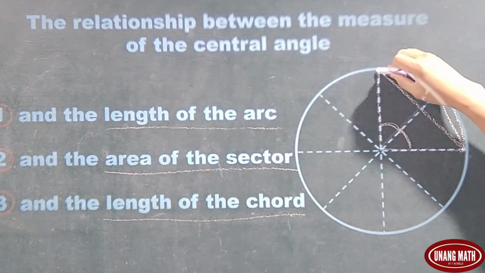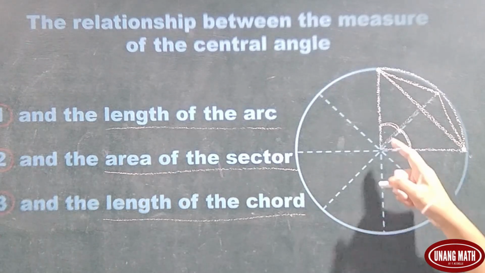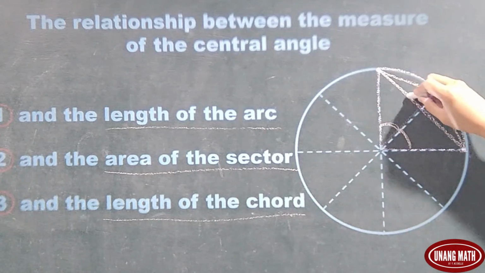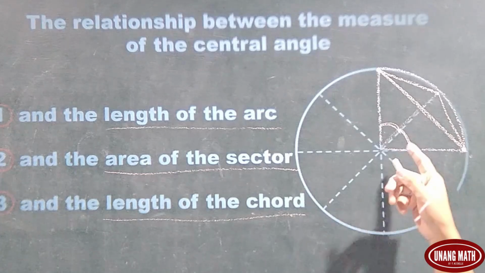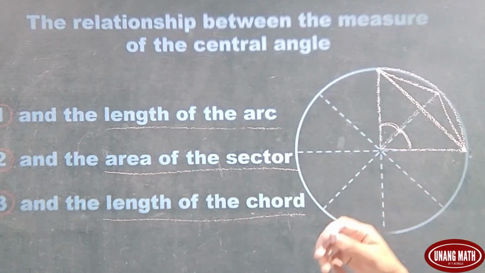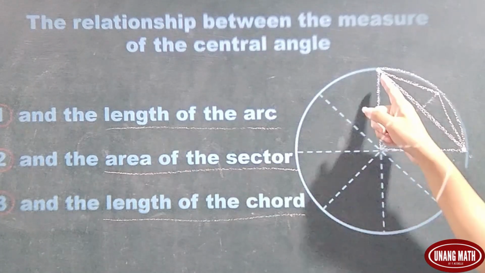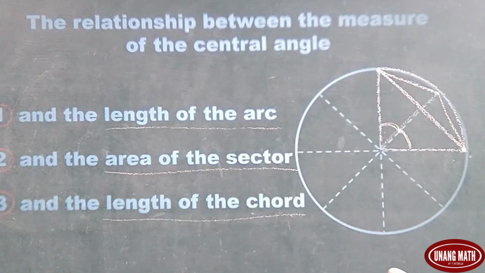I doubled my central angle. The chord also increases, but it doesn't mean that it's also doubled. So the relationship is proportional, but not direct. It also increased, but it's not really 2 times.